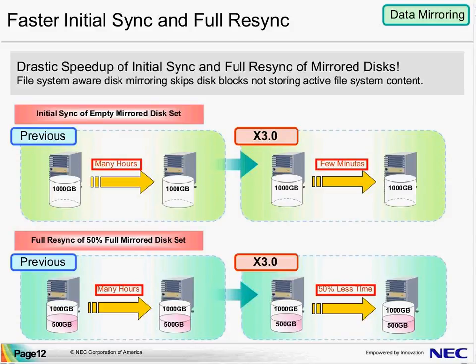Previously, ExpressCluster would require resynchronization of the entire 1,000 gigabyte capacity. With the new release, it would only require resynchronization of the 500 gigabytes of actually used disk capacity. So again, that cuts the resynchronization time in half in that specific case. So this is a very important enhancement that dramatically shortens the initial deployment time as well as restoration time for later usage.